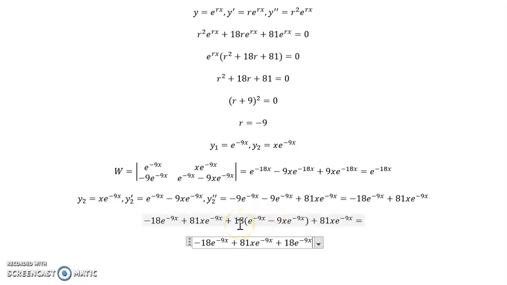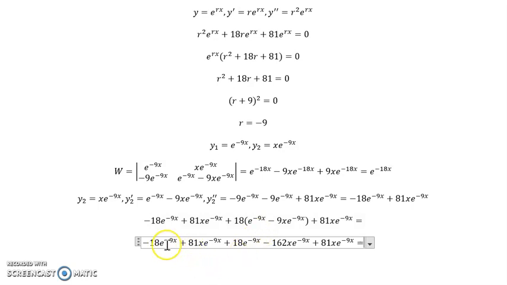Well, this is 9 and 2, so that would be negative 81 times 2, which is negative 162 x e to the negative 9x, and then plus 81x e to the negative 9x. And so let's see what cancels.